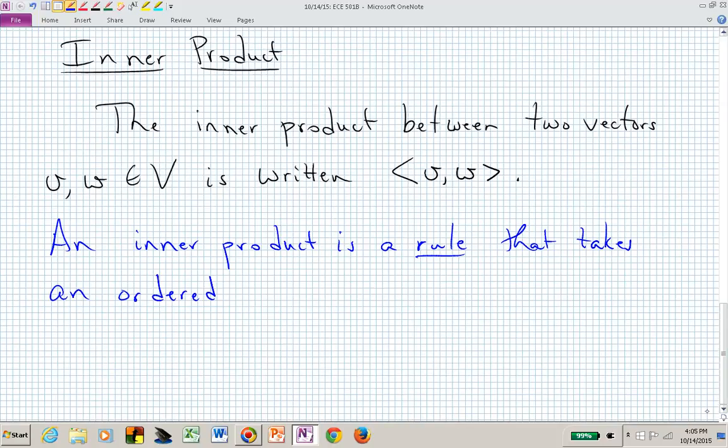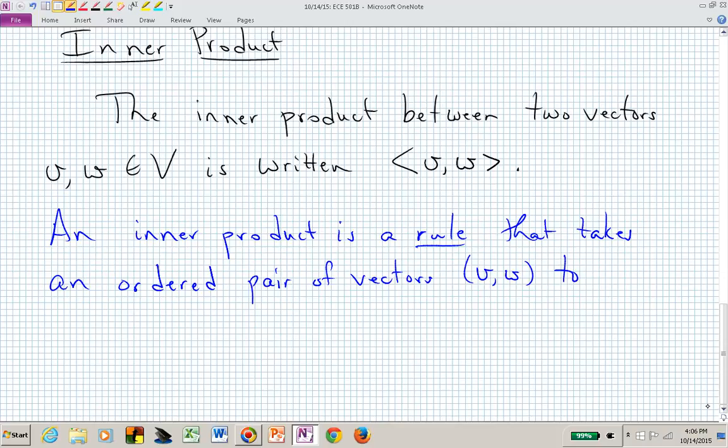An inner product is a rule that takes an ordered pair of vectors, V and then W, and it collapses them down, or creates a scalar in our field of numbers.